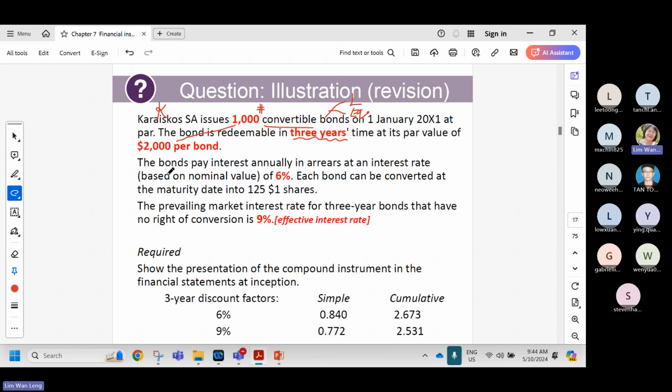They also tell you the bonds pay interest annually in arrears at an interest rate of 6%, which means this is your coupon rate. So it will be written as 6% convertible bonds.